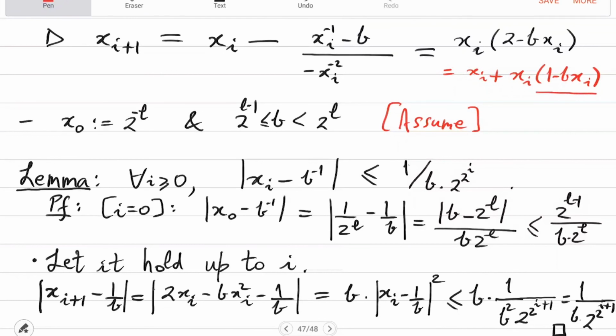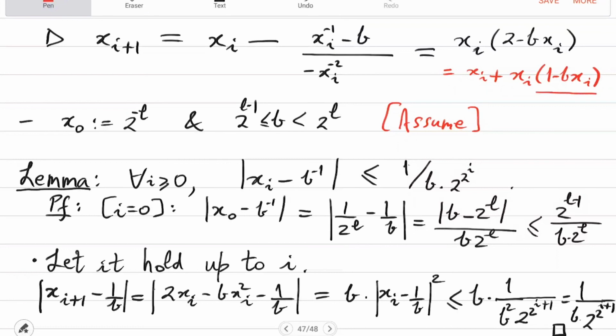So if you see this as two things, there is xi and then there is xi times 1 minus bxi. So how many digits of 1 minus bxi are important? That is 2 raised to i. So the actual multiplication which is happening is only in 2 raised to i digits.